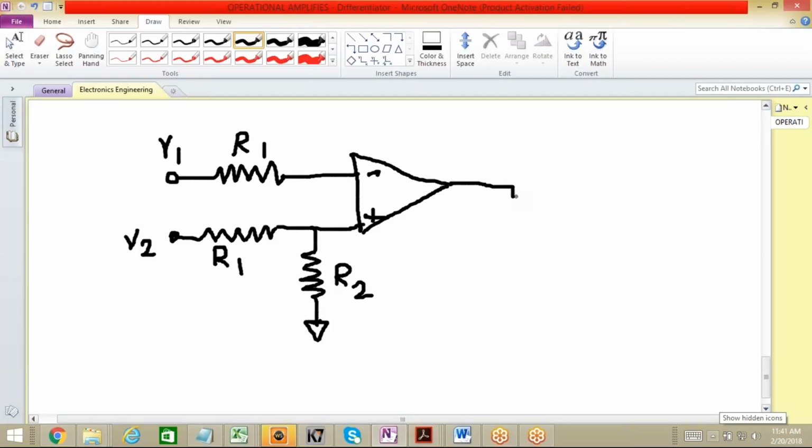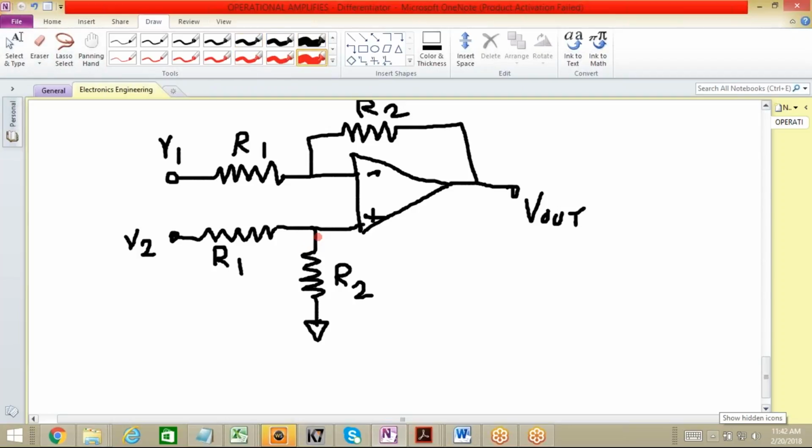Then we can have the output like this. And here we have R2. So this is a configuration that we can use for the differential setup here. And this R1 and R2, which is associated with this V2, are the part of your voltage divider.